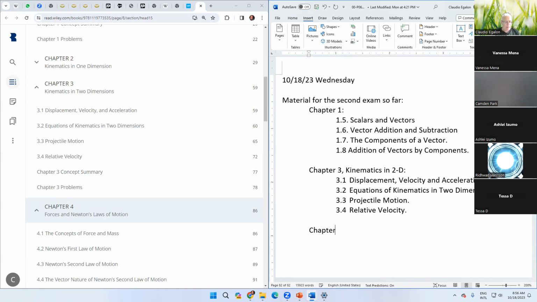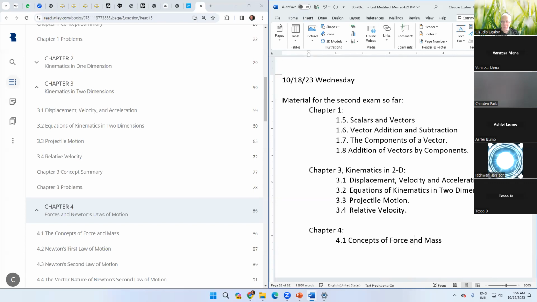And now we're doing chapter 4, right? 4.1, concepts of force and mass.